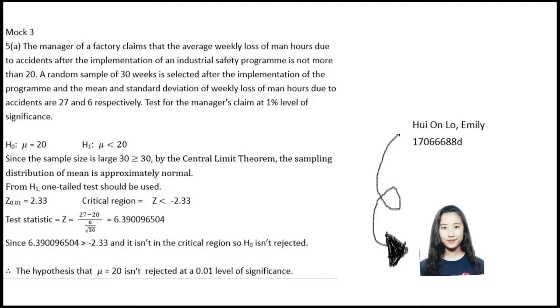Since 6.390096504 is bigger than negative 2.33, and it is not in the critical region, the null hypothesis is not rejected. As a result, the hypothesis that mu equals 20 isn't rejected at a 0.01 level of significance.